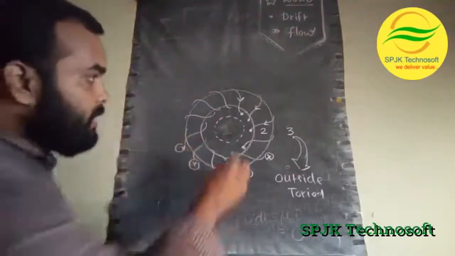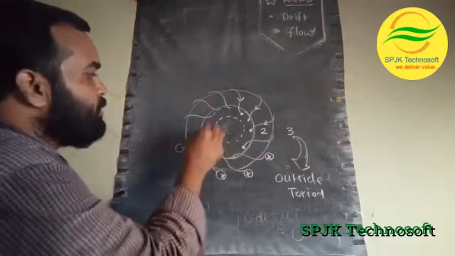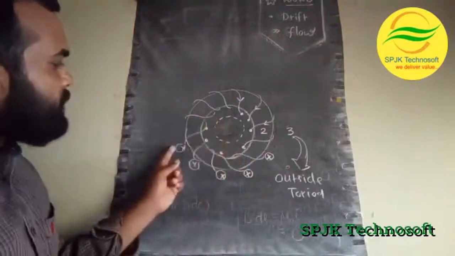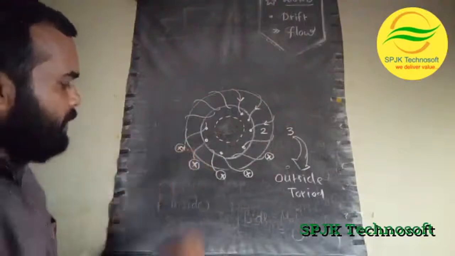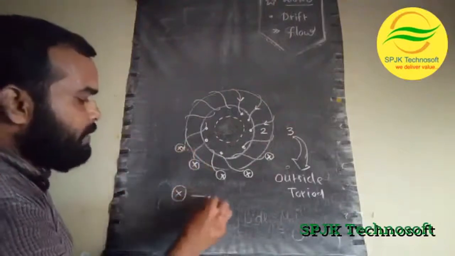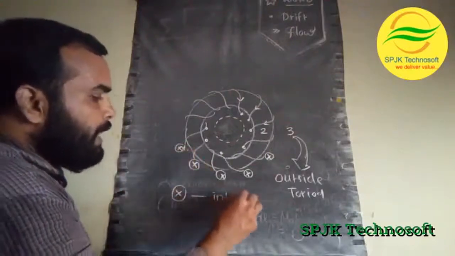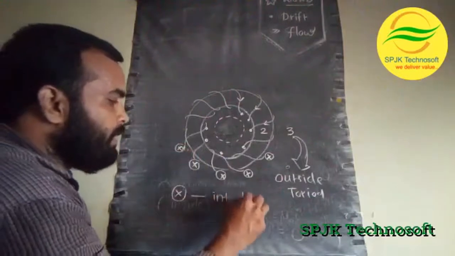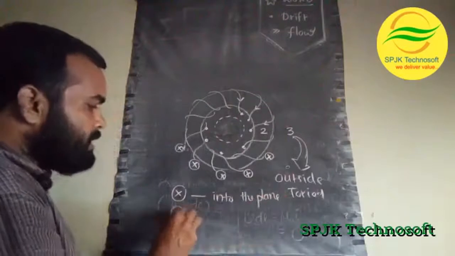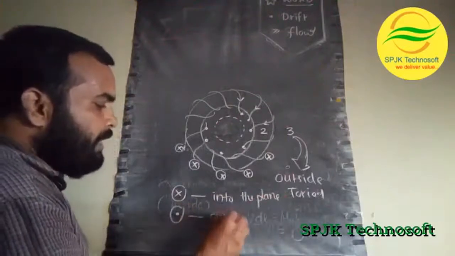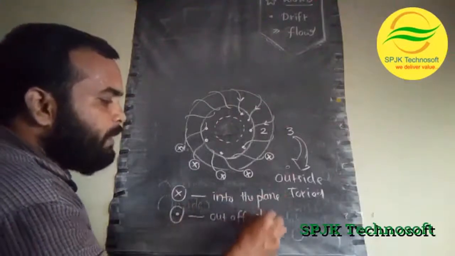Every cross represents current flowing into the plane, and every dot represents current flowing out of the plane.